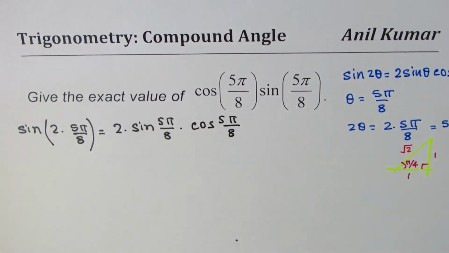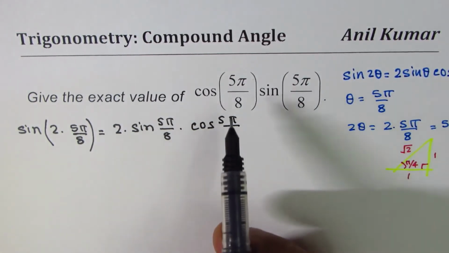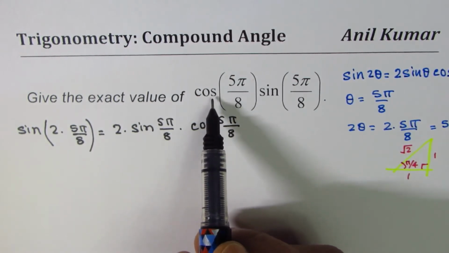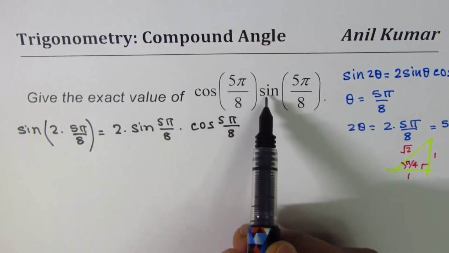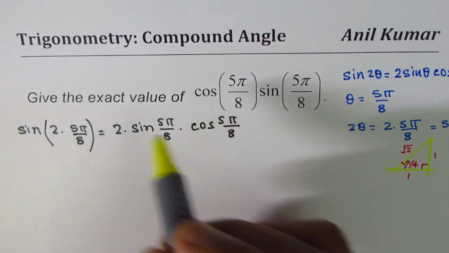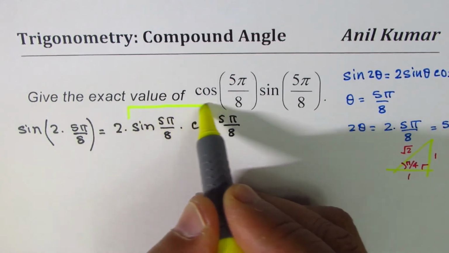Now, we want to find the exact value of cos 5 pi by 8 times sine 5 pi by 8. That is to say, we want to find the exact value of this expression.